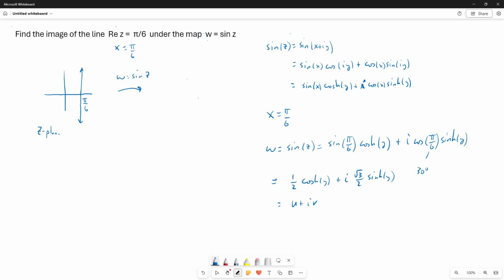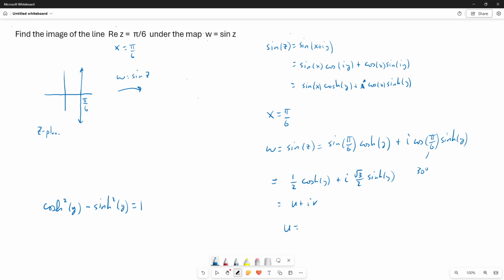To do that, we will use the cornerstone identity of the hyperbolic functions: the hyperbolic cosine squared minus the hyperbolic sine squared is equal to 1. This reminds us of cosine squared plus sine squared equals 1. With the hyperbolic functions, it's a minus.